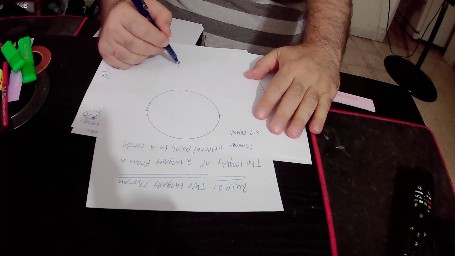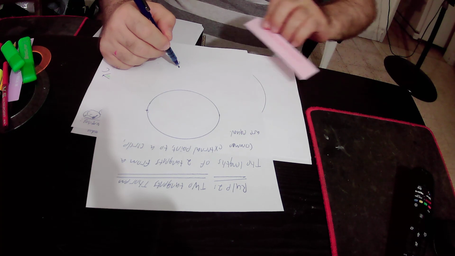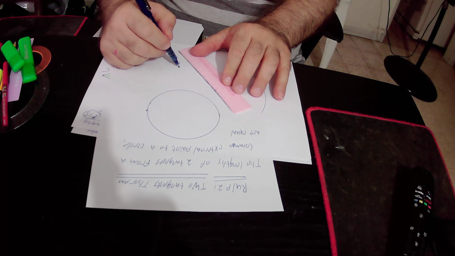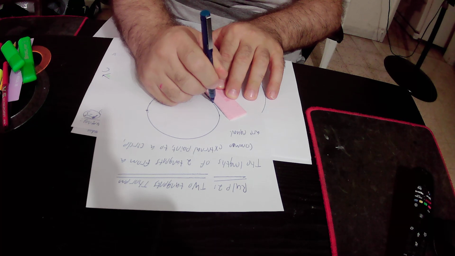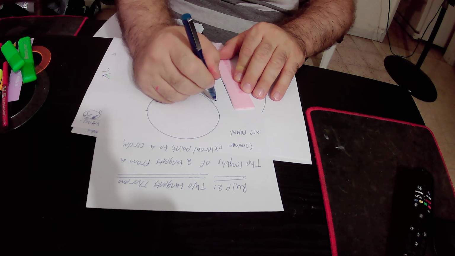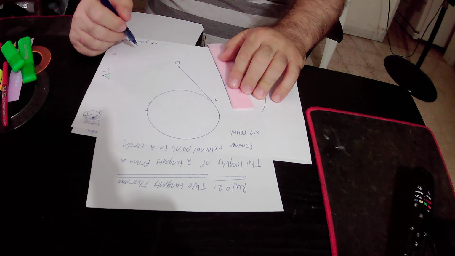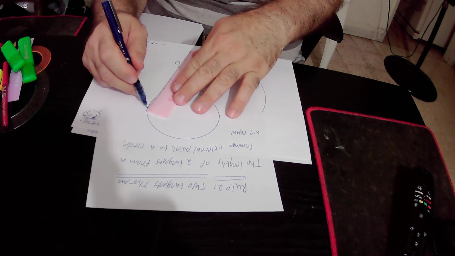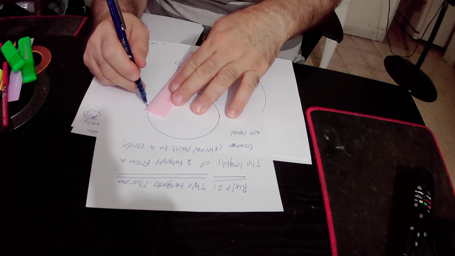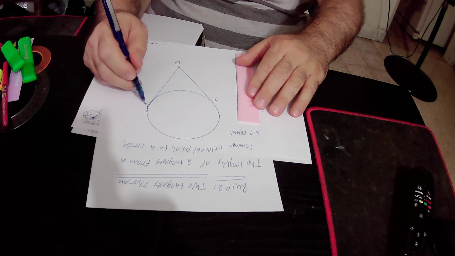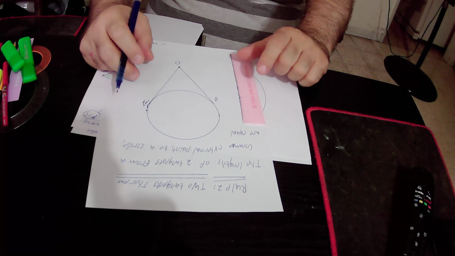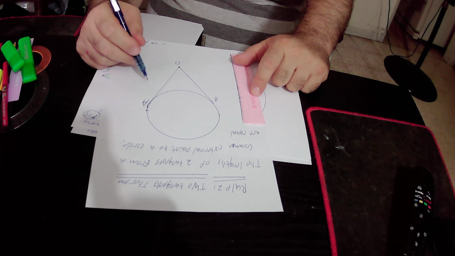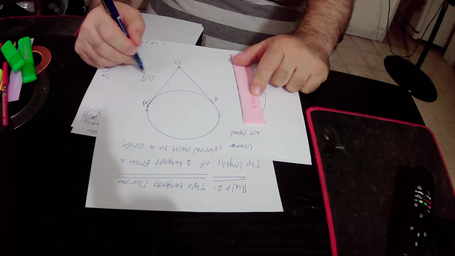Therefore point D is a common external point, and if from point D we draw two tangents to this circle, the first tangent is tangent DB, which is tangent to this circle at point B, and we have also tangent DA, that is tangent to this circle at point A. Then the lengths of those two tangents will be equal to each other, that is to say DB will be equal to DA.